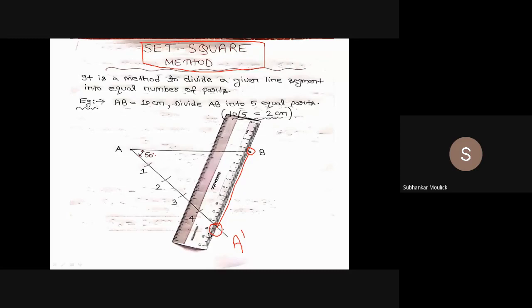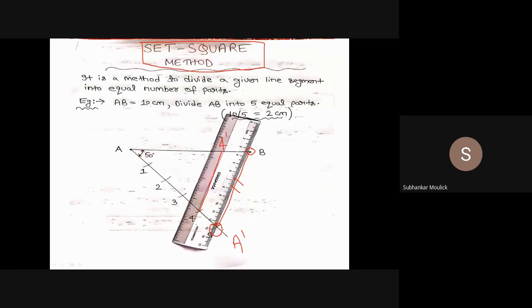With the help of the set square, from point 4, I draw a line parallel to 5B, say this is 4 dash.